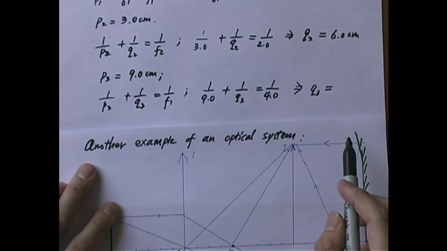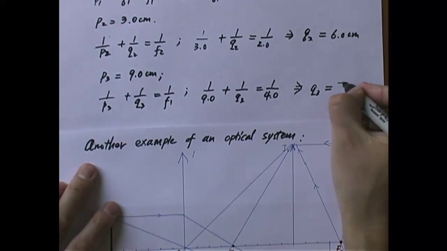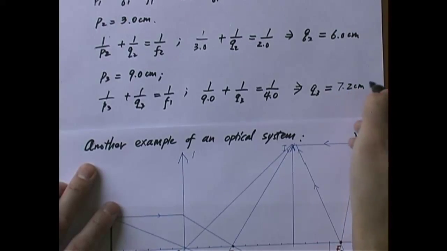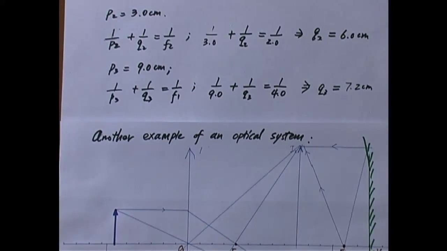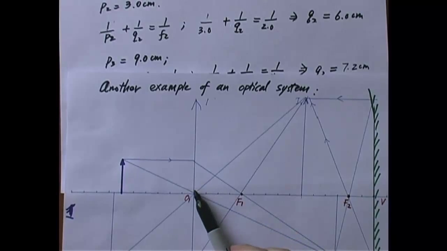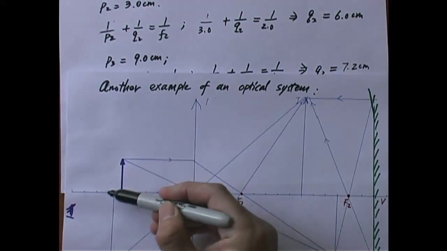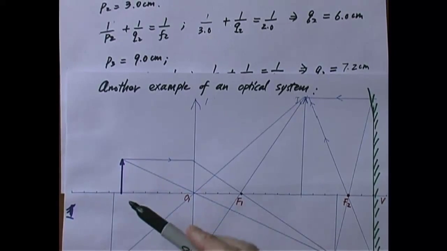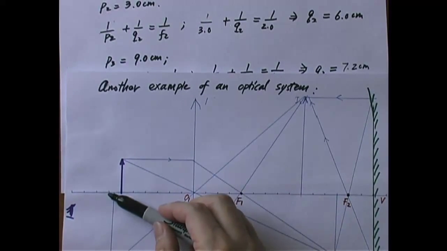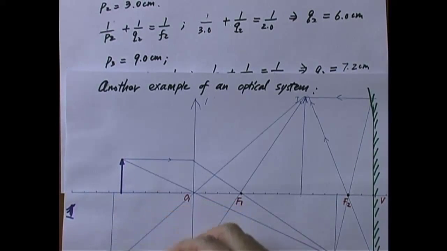It is 36 divided by 5, about 7.2. So according to our calculation, the final image should be about 7.2 centimeters behind the first lens. 1, 2, 3, 4, 5, 6, 7. So it should be somewhere here. Our rough drawing yields there. So we get about 2 or 3 millimeters of error, but it roughly agrees with the correct answer.